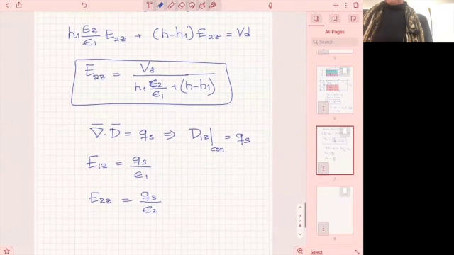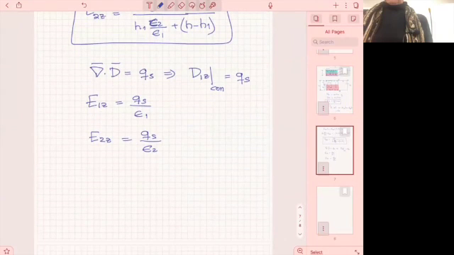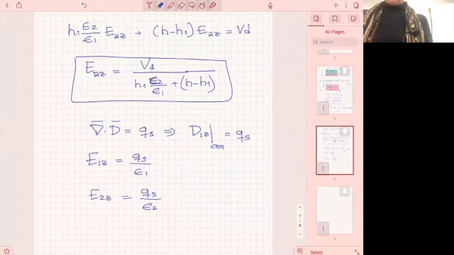And therefore I can find a relationship that gives me Q sub S, because I did not give you Q sub S, I only gave you the voltage. We're going to do this in more detail next time. I just want to introduce you.